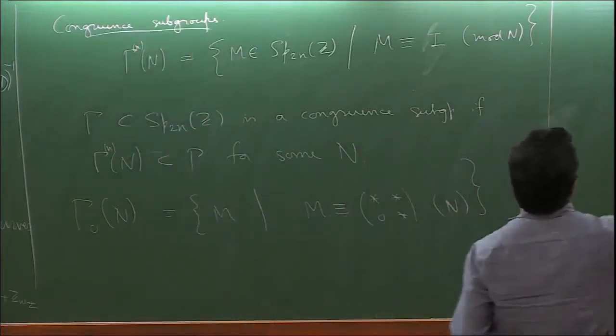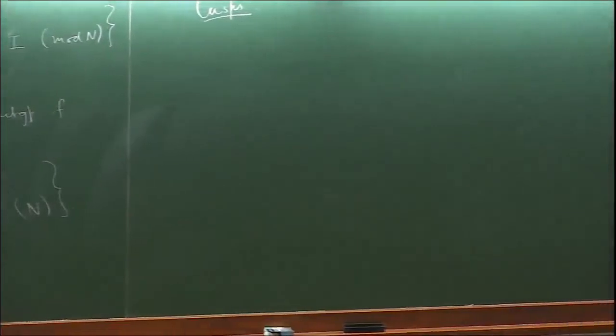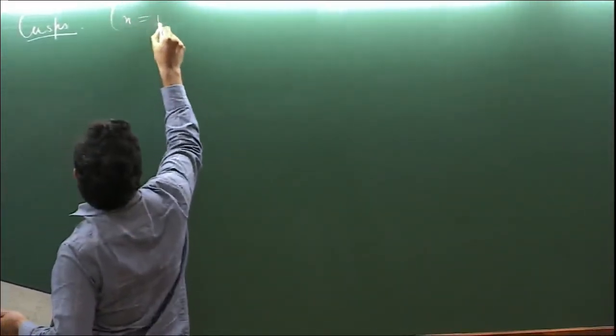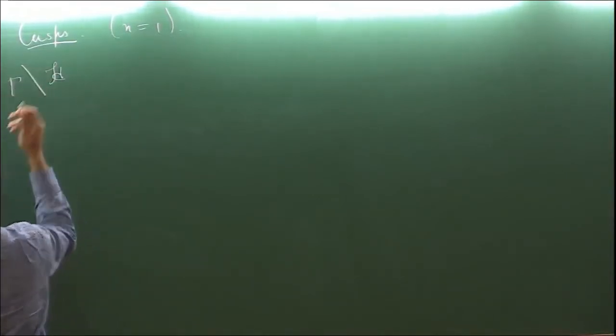Then I want to define what cusps are. Okay, so I think already I'll just do this for n equal to 1. I'll soon anyway specialize to this. So H mod gamma for any congruence subgroup, this is not compact.